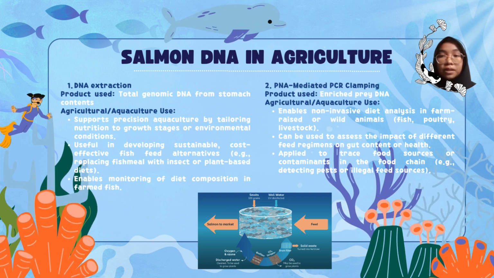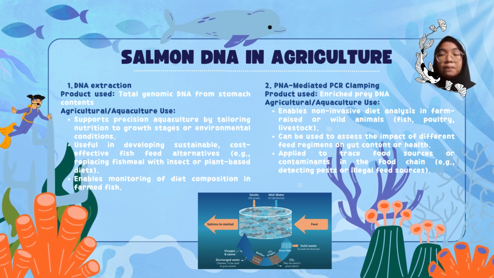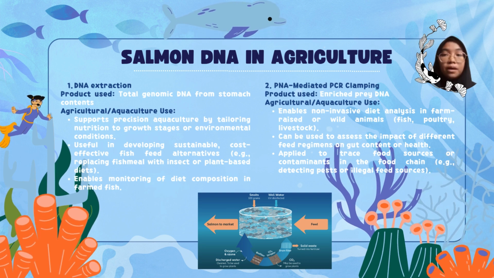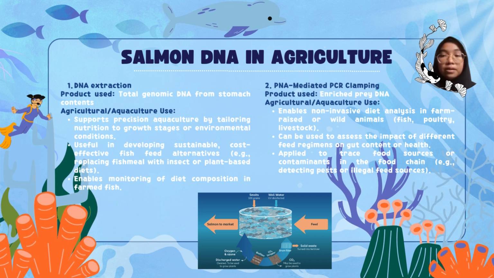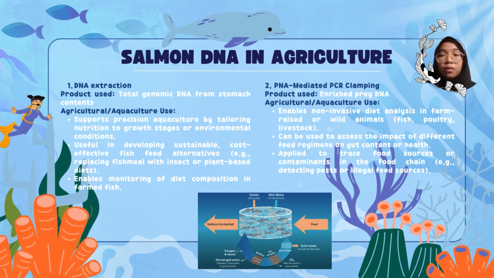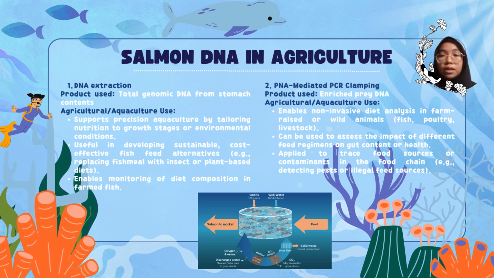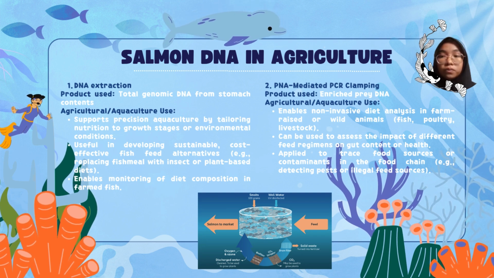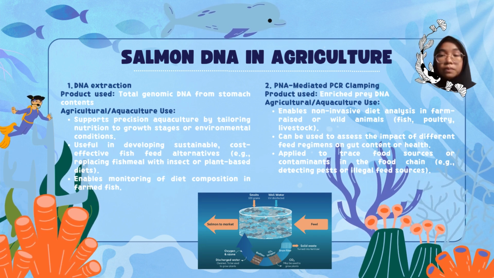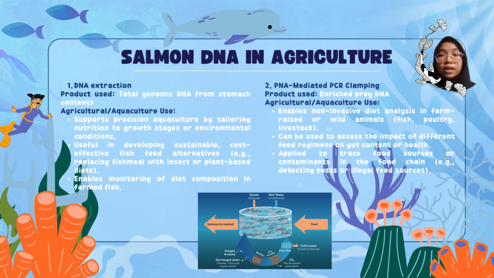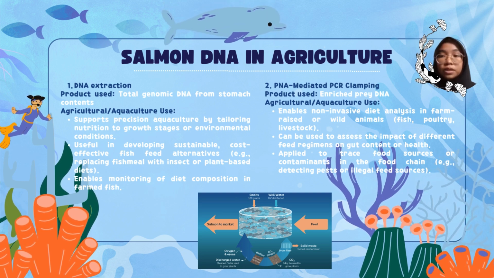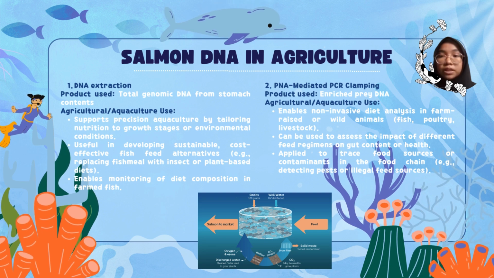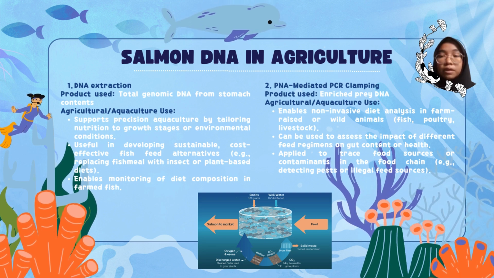For method number 2, PNA-mediated PCR clamping. The product produced is enriched prey DNA. Agricultural or aquaculture use enables non-invasive diet analysis in farm-raised or wild animals, fish, poultry, and livestock.